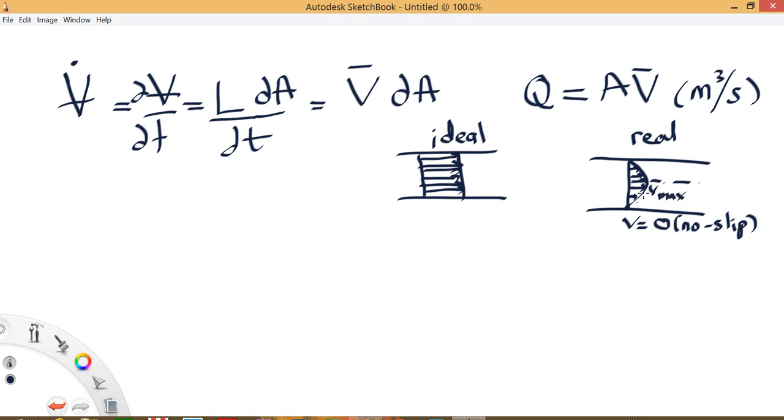But this nice parabolic shape can only be seen in laminar flow. For turbulent flow, the shape will be different. So which velocity do you want to take here? To get the exact velocity, you must integrate this with respect to the area. You must get the velocity profile equation to solve this.